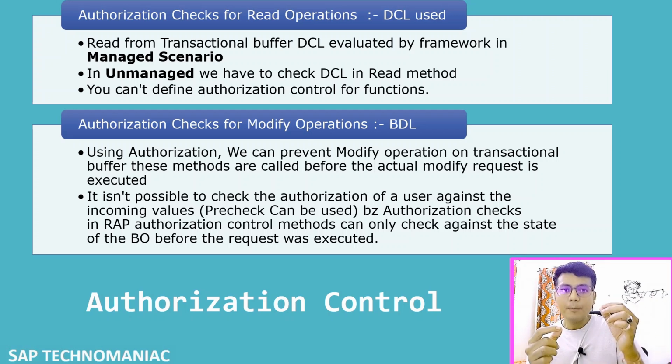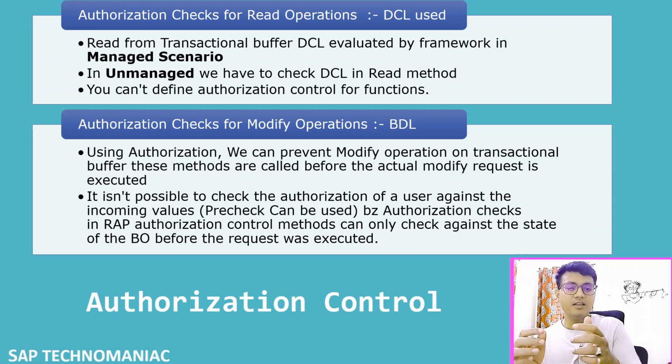whenever you apply each create, update or delete operation on the transactional buffer. In the diagrams, or we can say the flow of this create, update and delete operation, I have shown you where exactly the authorization check is called. It's called before we actually do the modification in the transactional buffer.